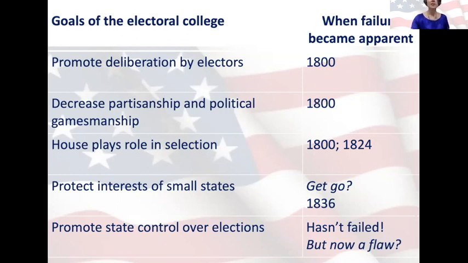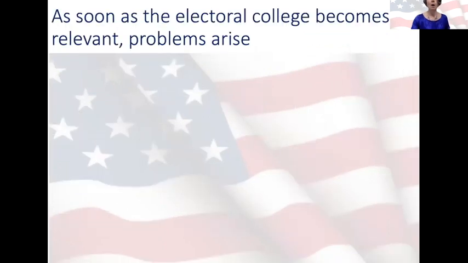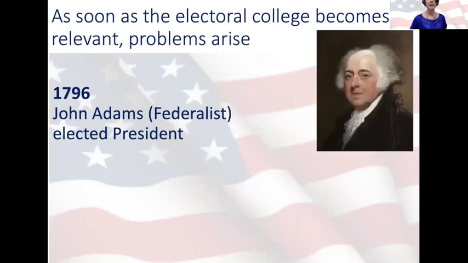So let's talk about how almost right out of the gate, the Electoral College is creating problems rather than solving problems. First, in 1796, John Adams wins a majority in the Electoral College, and he becomes president.